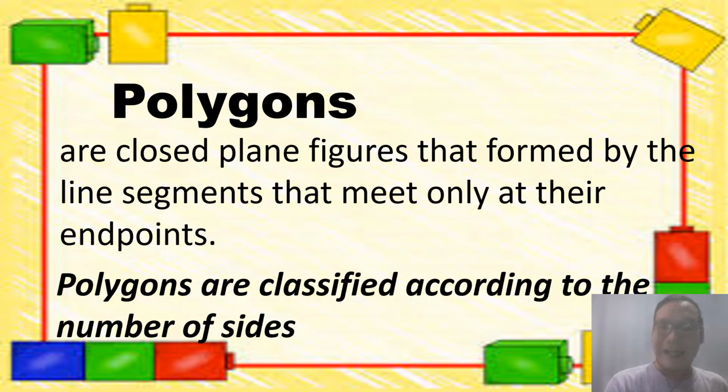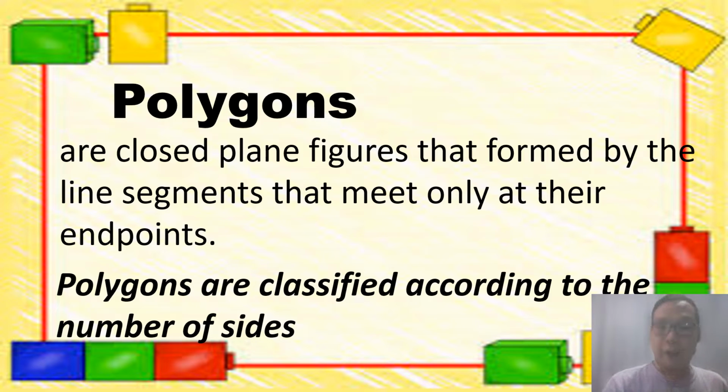From the word quad, it has four sides and four vertices. So we have different types of quadrilateral. We have a rhombus, square, rectangle, trapezoid, and parallelogram.